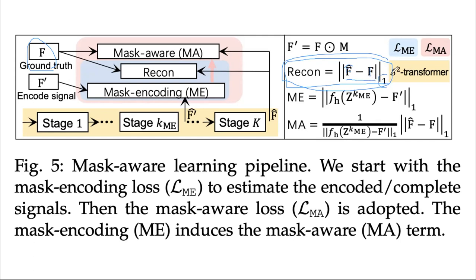And then we use the L1 norm to define the loss. So in traditional machine learning, you can just do it this way, with the hope that the network could do the job.